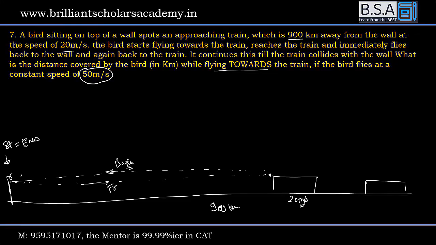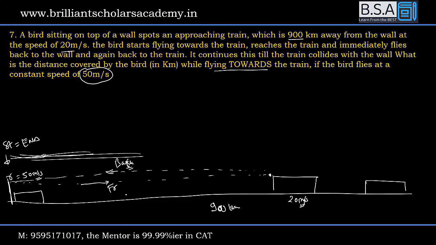At what speed is the bird able to fly? 50 meters per second. Now here you need to understand the bird will continue to fly until the train collides with the wall. The train reaches the wall.